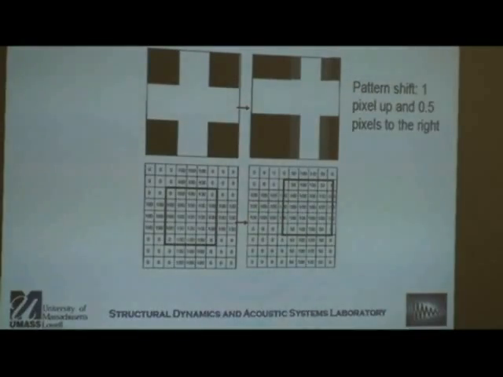So let's do another example. The pattern shifts 1 pixel up and half a pixel to the right. So here's our pattern, and now the image has moved over half a pixel and up 1 pixel. Instead of having a completely black pixel, what the sensor or the camera will measure is half black, half white. So it's going to get a grayscale, represented by a number that's 50.